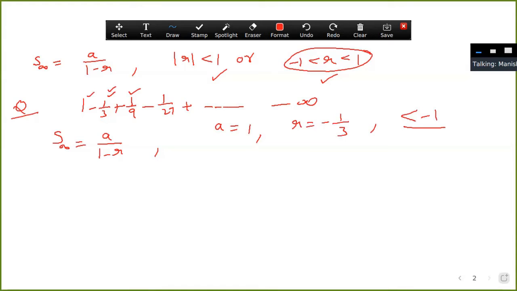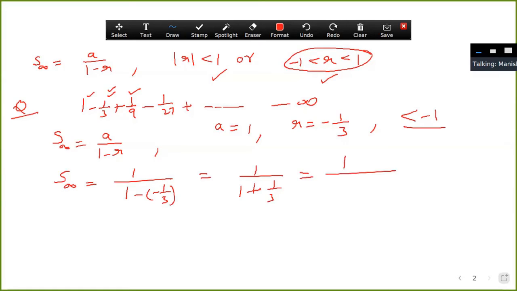So S infinity will be equal to 1 upon 1 minus of minus 1 upon 3, or you can say 1 upon 1 plus 1 upon 3. Take the LCM in the denominator, 3 plus 1, that is 1 upon 4 by 3, or you can say 3 by 4 is the answer.